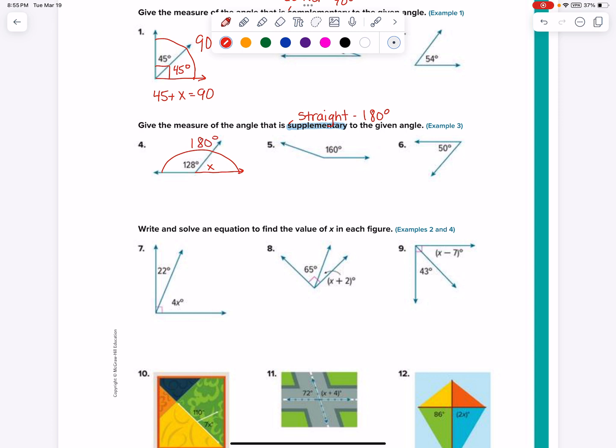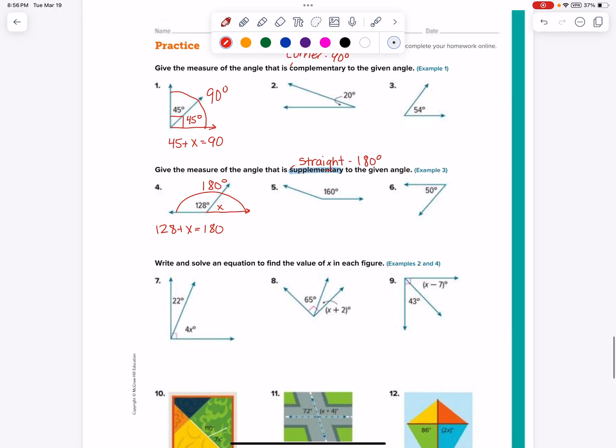So you have a couple options. You could do 180 minus 128. You could do 128 plus x equals 180. If you just know through mental math, you can just write what the supplementary angle is for each of those. But make sure you write it in degrees.